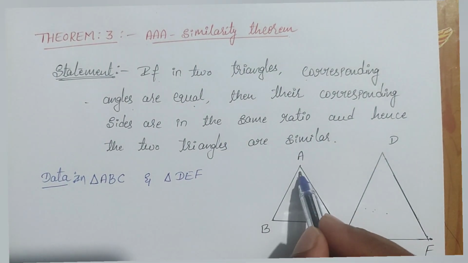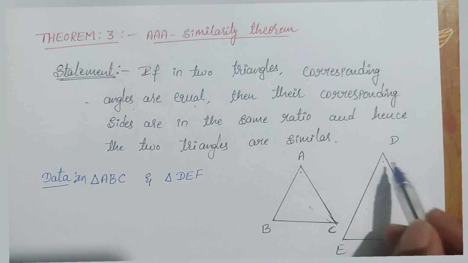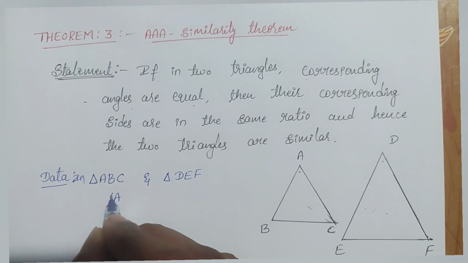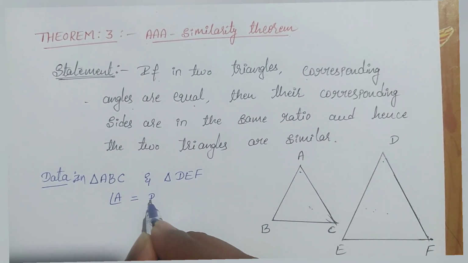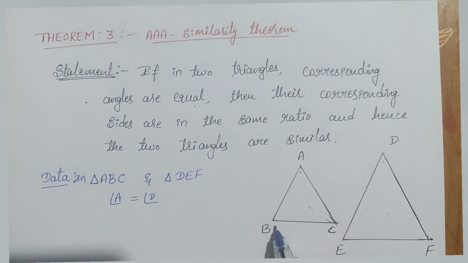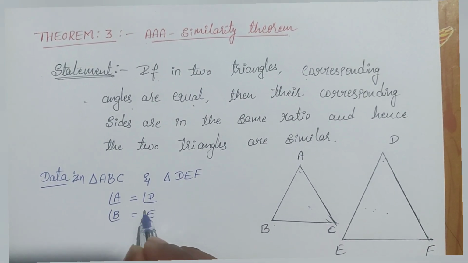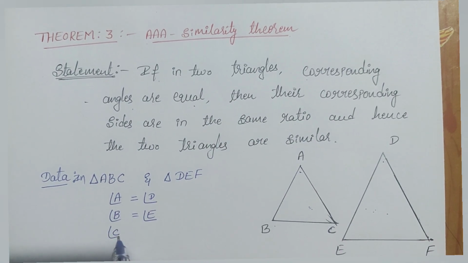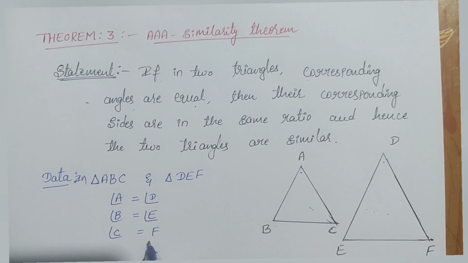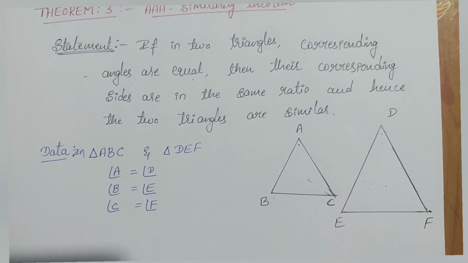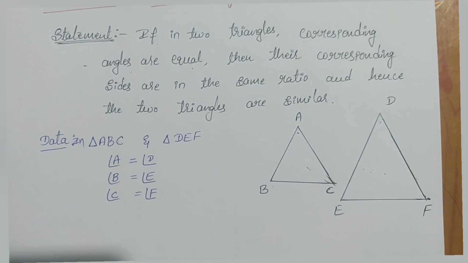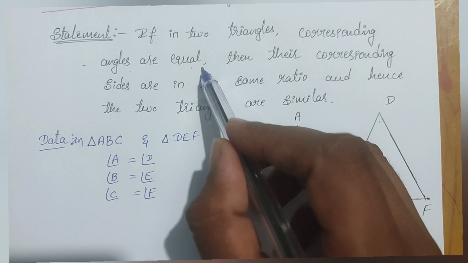That is, the corresponding angles are angle A and angle D. Angle A is equal to angle D, angle B is equal to angle E, and angle C is equal to angle F. This is the data obtained from the statement, that corresponding angles are equal.